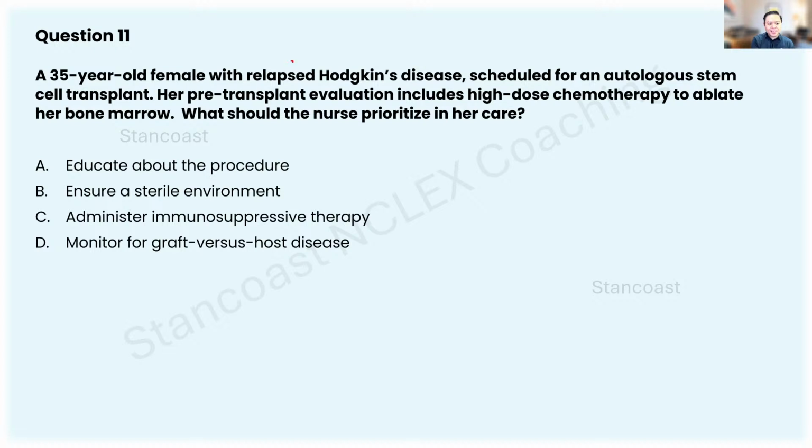Fortunately, this patient has a relapse of Hodgkin's. And of course, now the plan is to do stem cell transplant, which is very promising. The patient has probably not really responded to the other treatments.